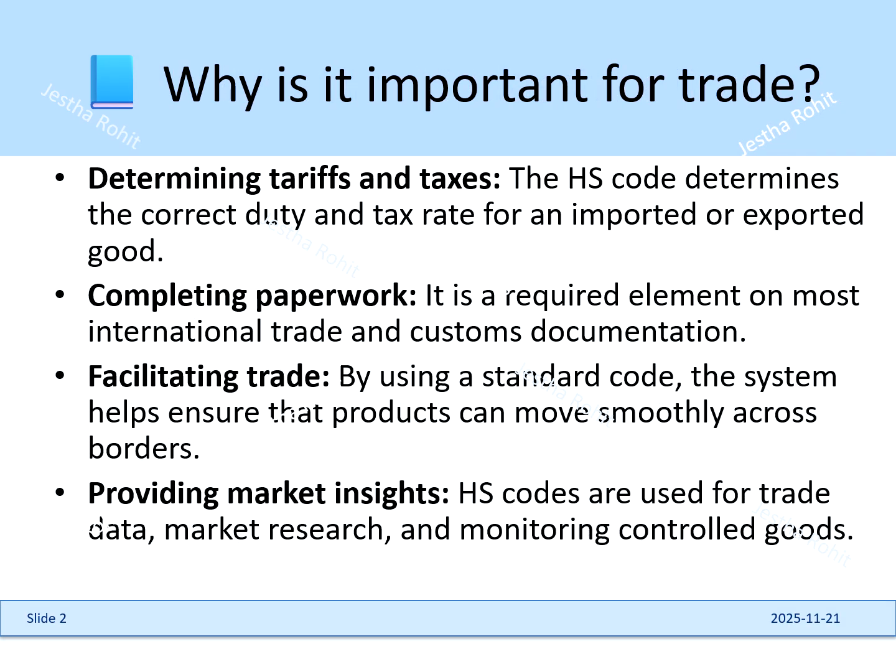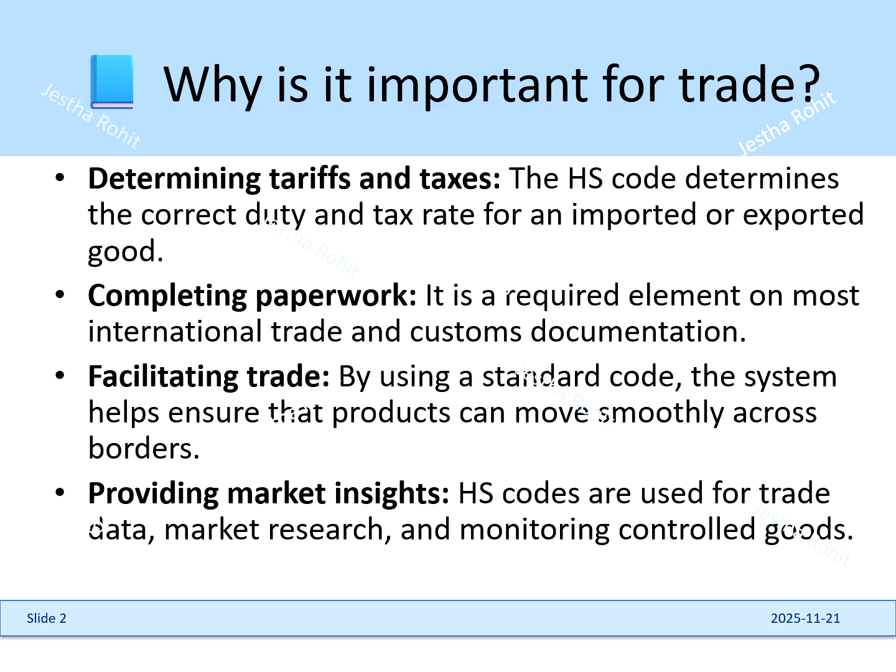Why is it important for trade? The most important role of HS classification is determining tariffs and taxes. The HS code determines the correct duty and tax rate for imported or exported goods. Completing paperwork: it is a required element on most international trade and customs documentation.